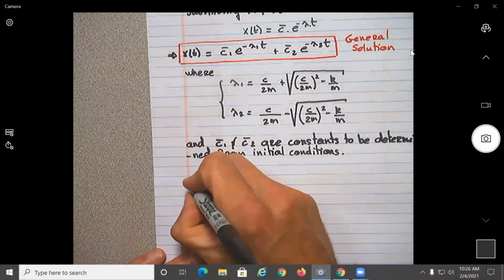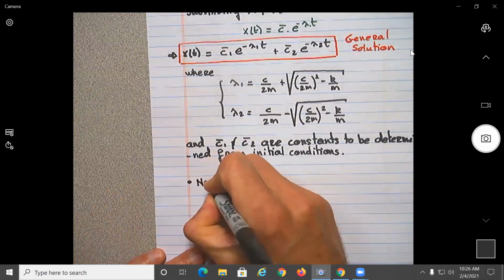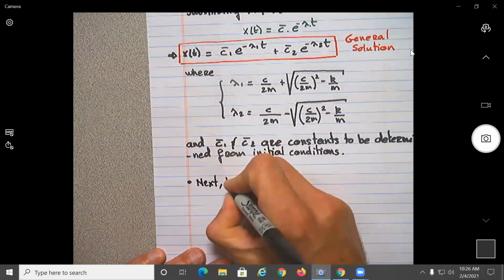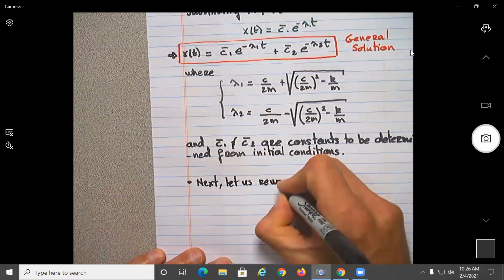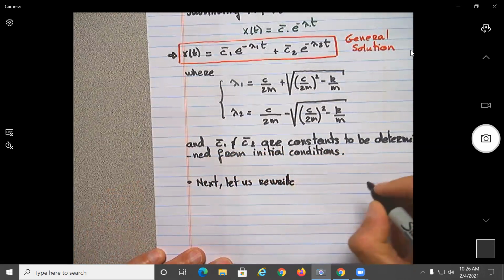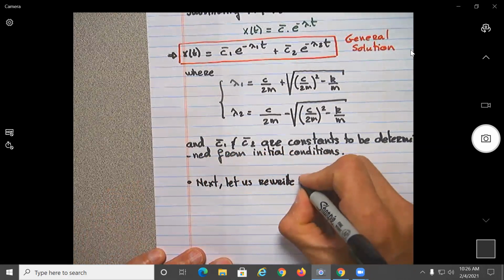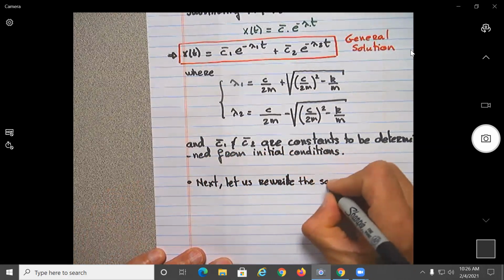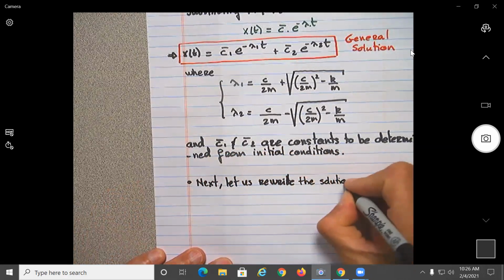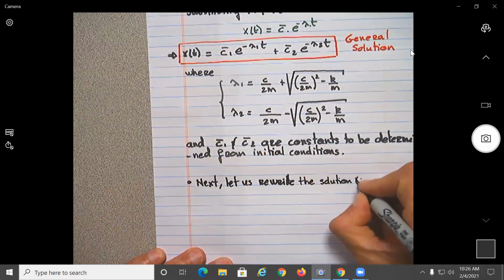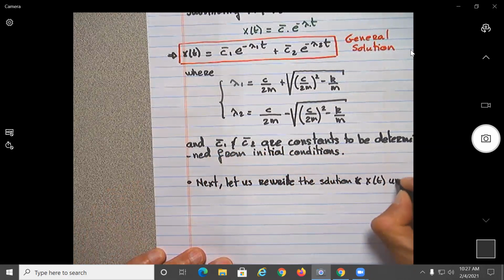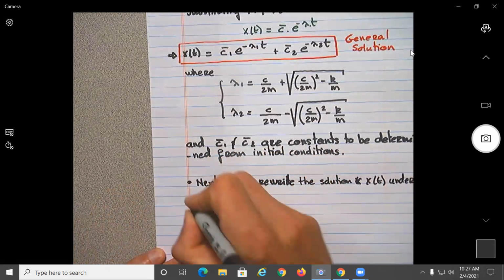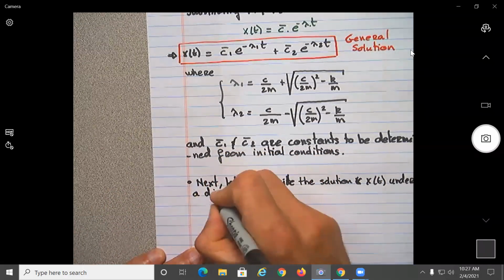All right, so next, let us rewrite the solution x of t under a different form.